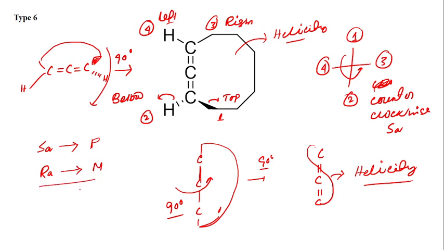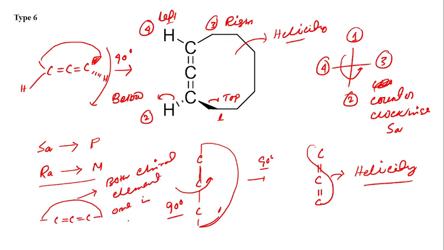That is, if we have an allene molecule that has been connected by a linker, it will have both chiral elements. That is very important.